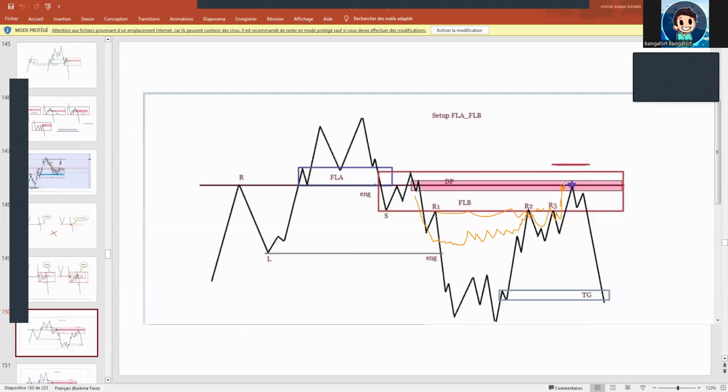You cannot take this trade, because this movement can be a deep retrace. After that price can just shoot up, and this will be a deep retrace. The last condition we need, for the price to break this, is very, very important. This engulf is important.